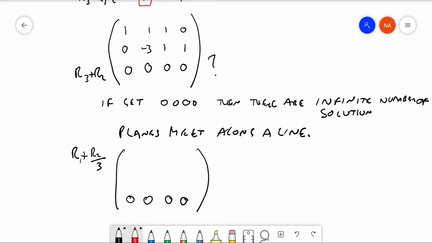So if I do row 1, which is 1, and add 1/3 of negative 3, that'll be negative 1, that'll give me my 0 up in this space here, which is what I'm trying to do. So here we go. Let's see what I get. I'm going to get 1 there. Nothing changed about that. I'm going to now get a 0 here, which is what I was after. But I'm also going to have to do 1 plus 1/3 of 1, and that's 4/3.